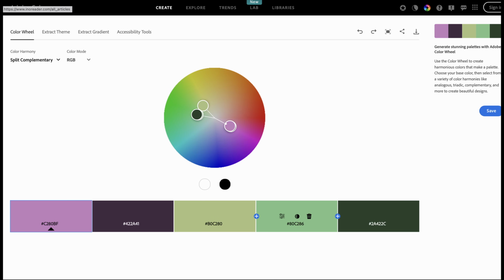The other one that is probably worth really having a good close look at is called split complementary. And what split complementary is, it's kind of a cross between complementary and analogous. So you take your one colour on one side of the colour wheel, and then you go to the opposite side of the colour wheel, adopting an analogous scheme.